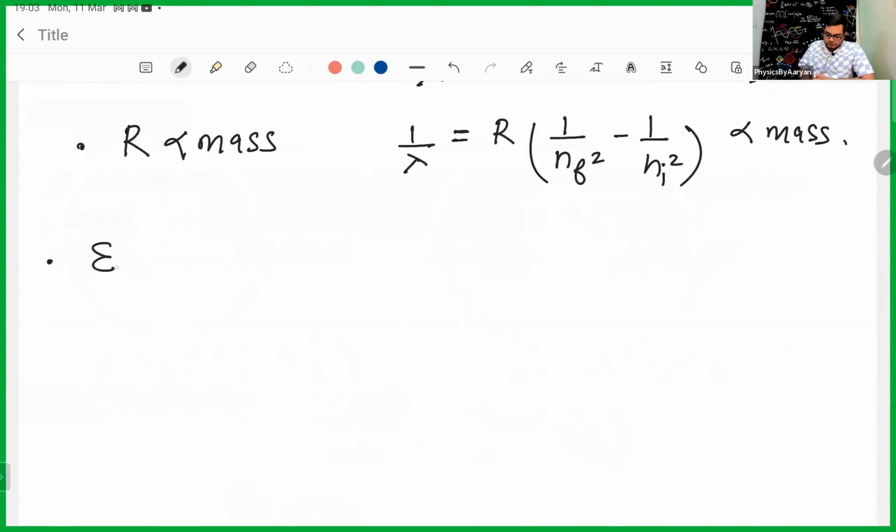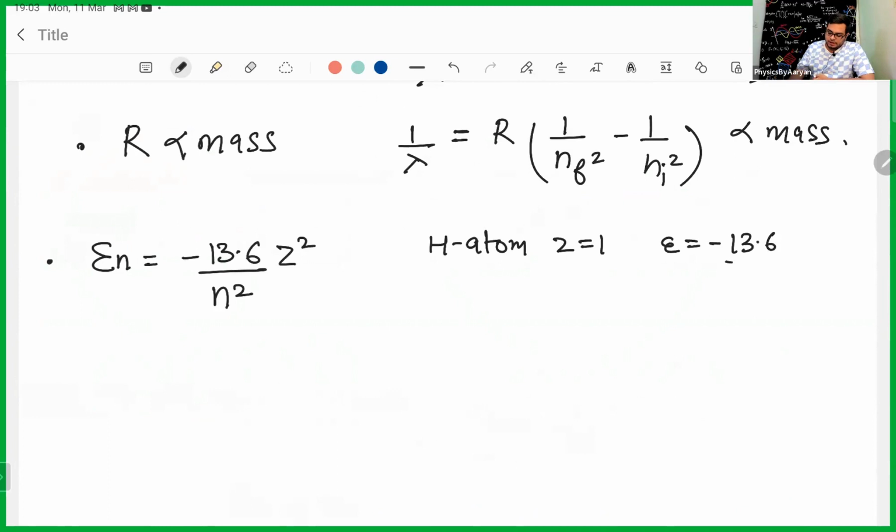The formula we wrote was En equals minus 13.6 divided by n square into z square. For hydrogen atom, z is equal to 1. It means your energy is equal to minus 13.6 divided by n square. And if you're talking about ground state, then n will also be equal to 1. Ground state के लिए n 1 होगा.